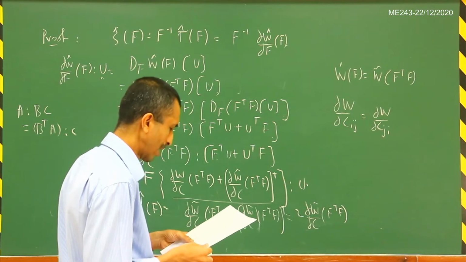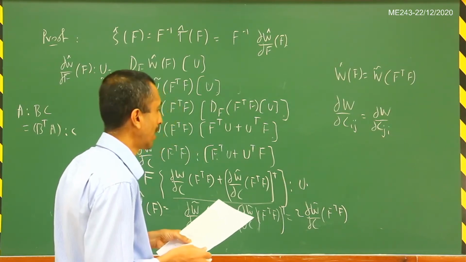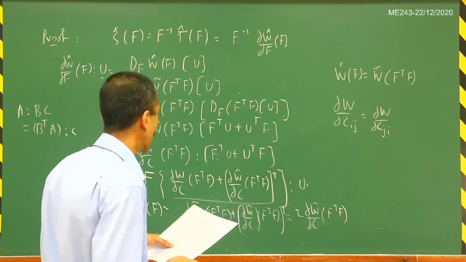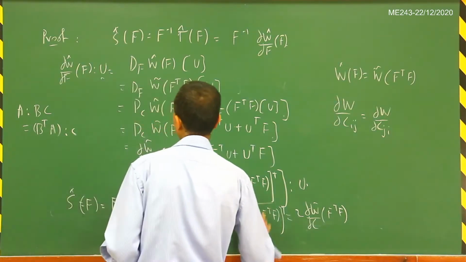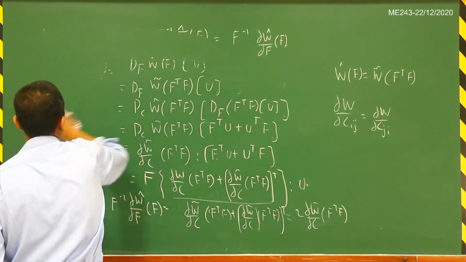Okay, and now the second relation, as a gradient with respect to E. That also we can show using the chain rule. So let's do that also.